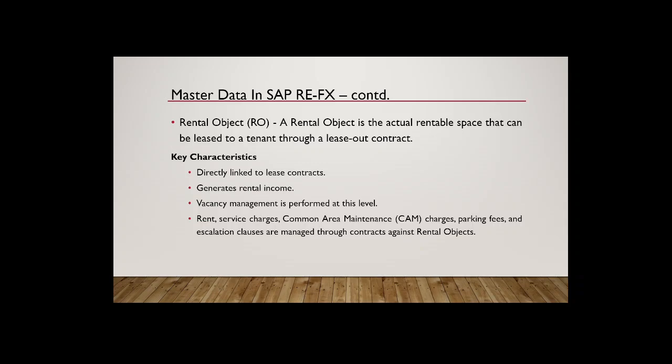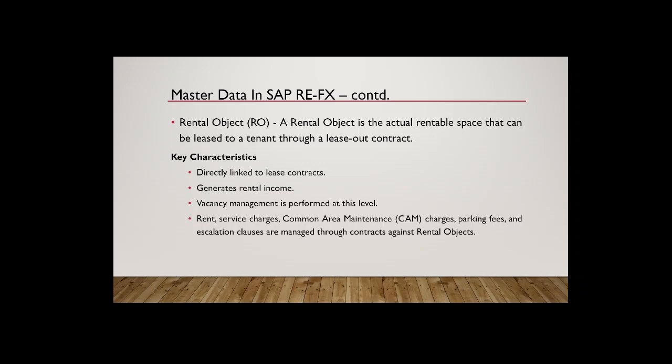So rental object is the actual rentable space. So in the building, when you have one floor, in that floor, if you have identified say 5,000 square feet area to be given for rent, that 5,000 square feet area will be considered as one rental object, and it is directly linked to the lease contract.